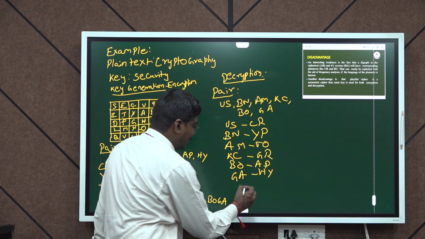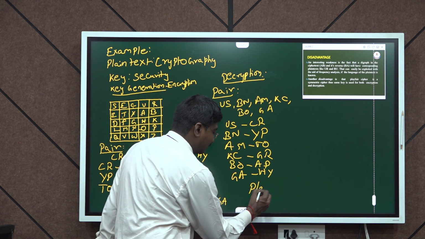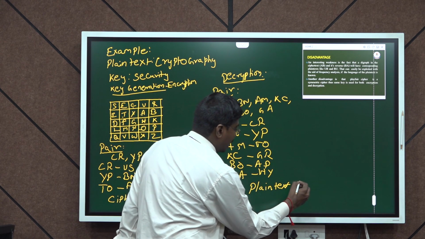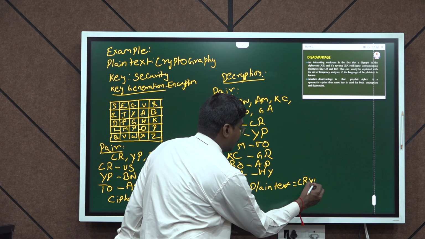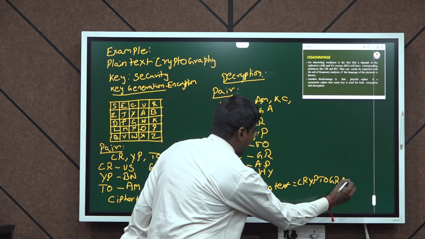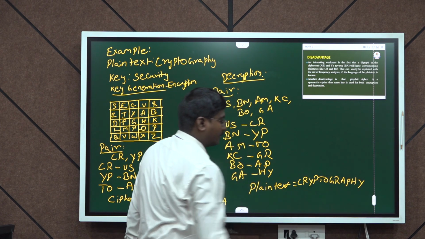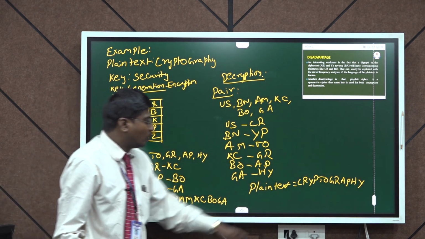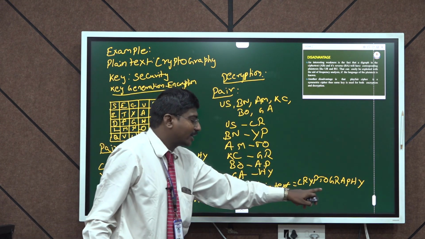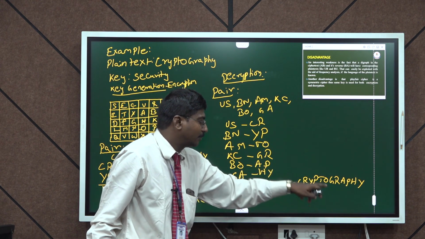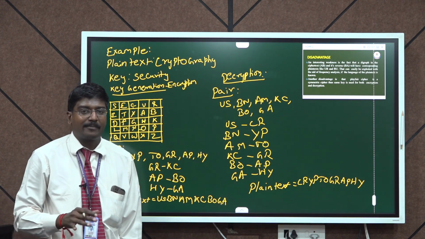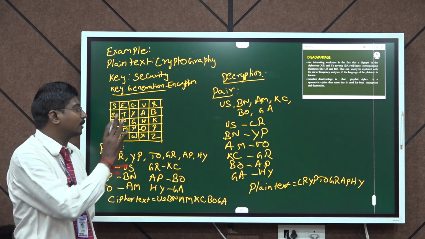You combine and write the plain text: CR YP TO GR AP HY. You can see the original plain text, cryptography, that we gave as input. We got the original plain text after decrypting. So, this is the process of the Playfair cipher for encryption and decryption.